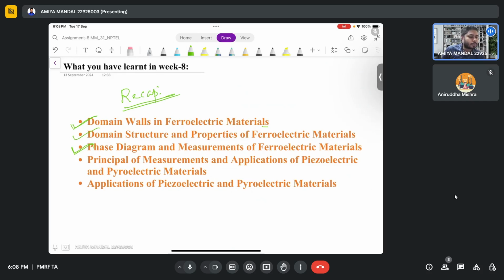Then you learned the principles of measurement and applications of piezoelectric and pyroelectric materials: how piezoelectric coefficients are measured, and how pyroelectric coefficients are measured from pyroelectric current. All 15 questions are based on this information from week 8.